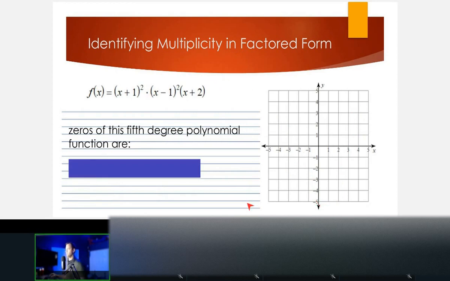Maybe on this one, we'll do the y-intercept real quick. So everyone try this one. Go ahead and write down the zeros and graph it real quick. I think 2 minutes should be enough.